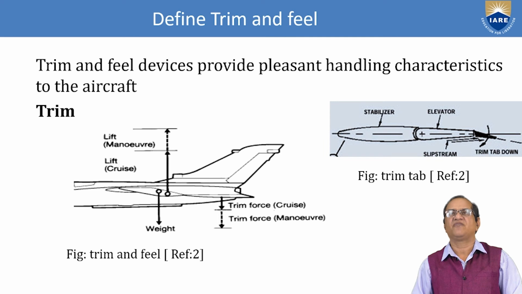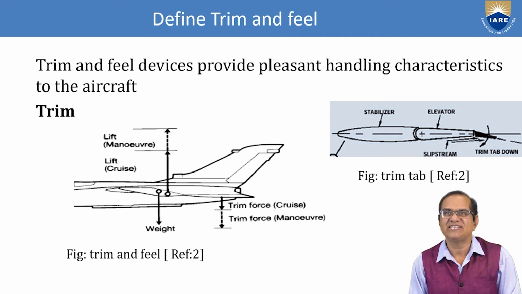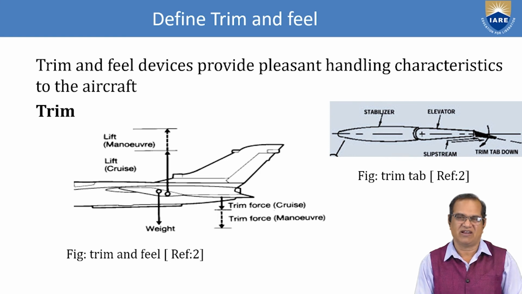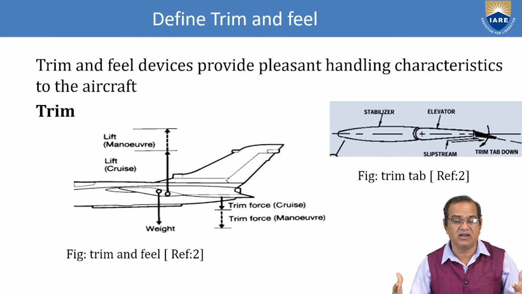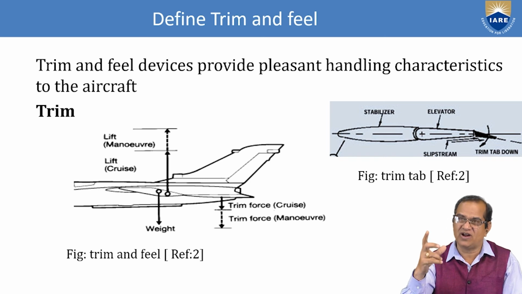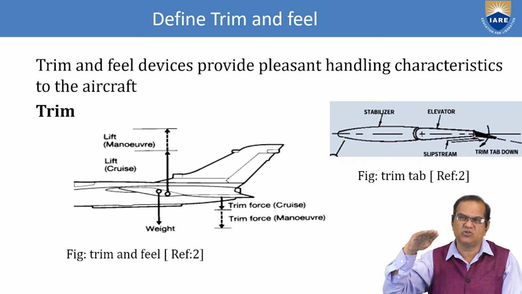Define trim and feel. Trim and feel devices provide pleasant handling characteristics of the aircraft. If the aircraft is flying and the pilot is operating the controls like elevator and rudder, they may not achieve exactly what they want. So to have a proper smooth flight, they have to trim.